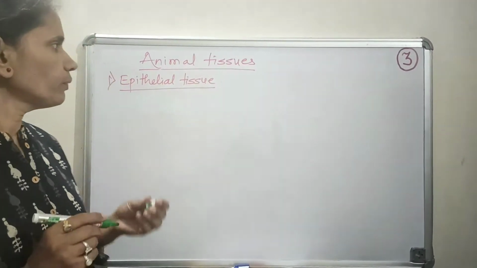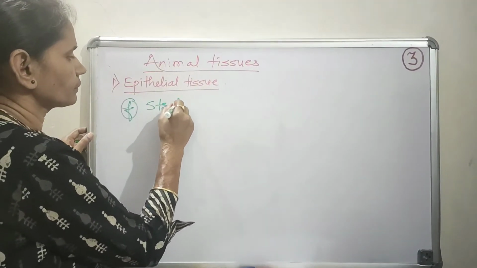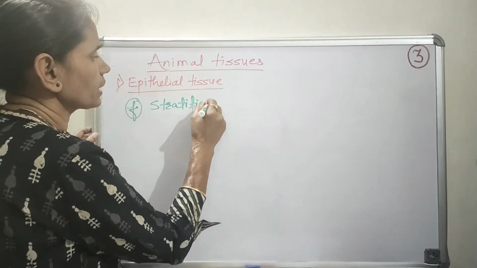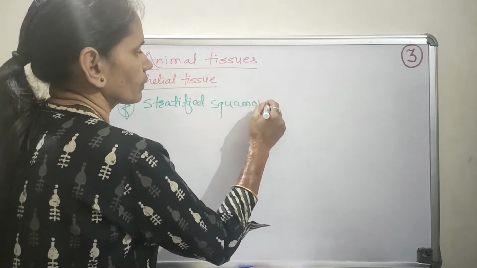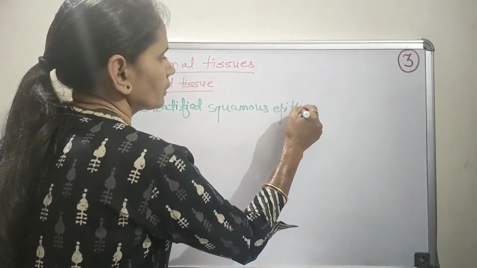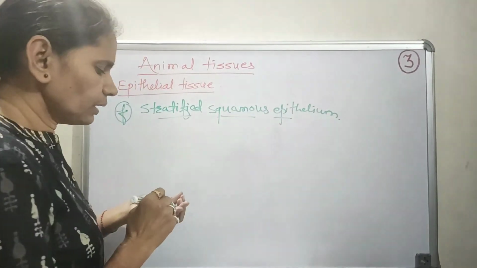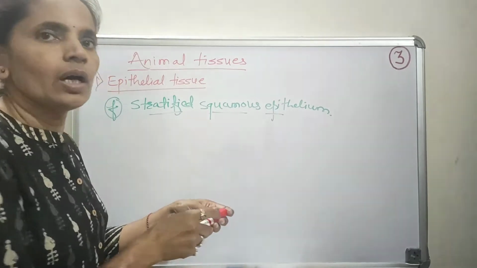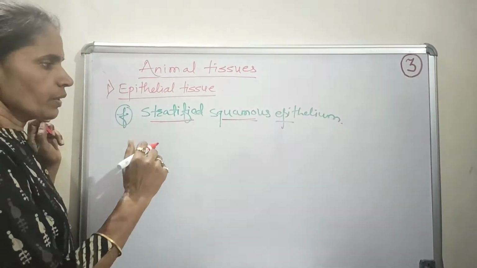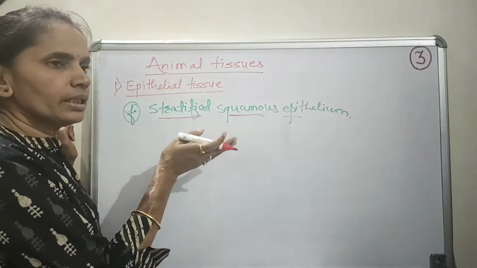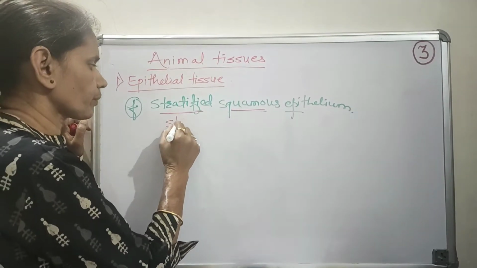The last type of epithelial tissue is the stratified squamous epithelium. So what is it? It is in the form of layers. Whenever cells or tissues are present in the form of layers, it is known as stratified tissue. So here the squamous epithelial tissue layers are present. It is present in the skin.